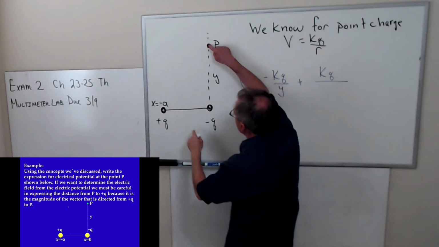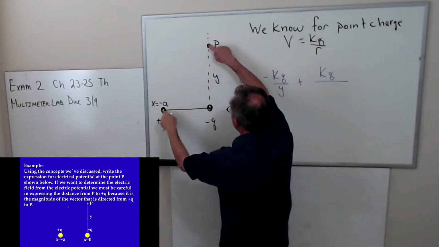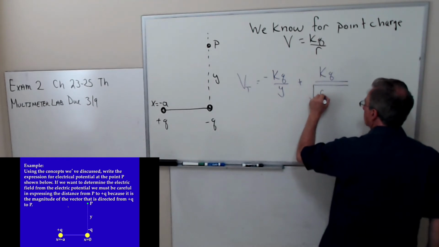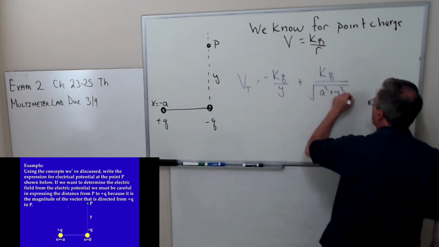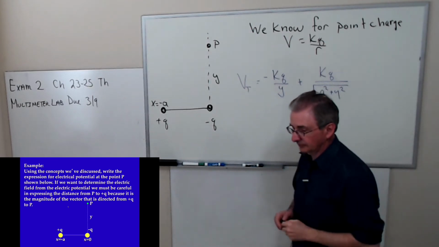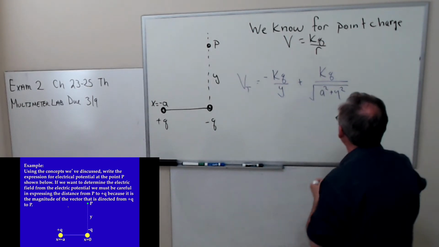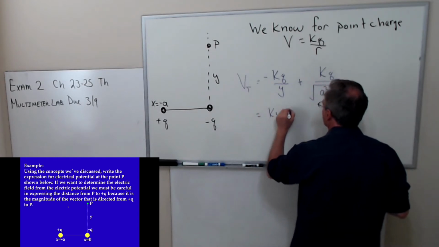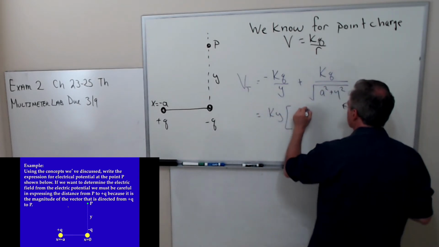And so the distance now from here to here, I use the Pythagorean theorem. And I'm done. In fact, if I want to factor out just for fun, I can write it like this.